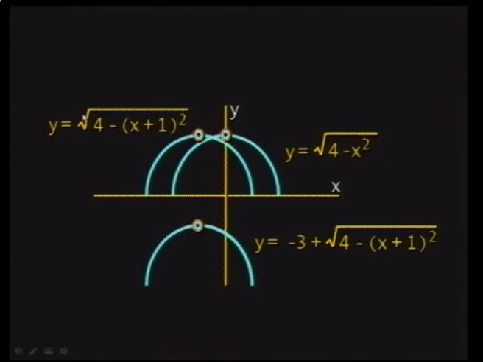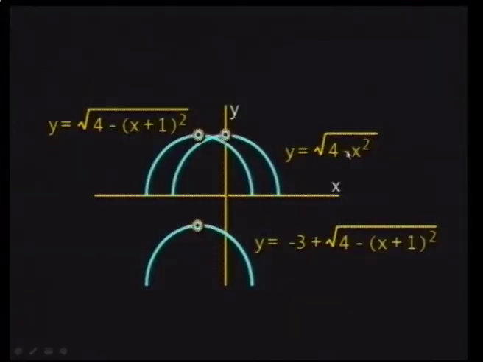When you move it to the left, you get the square root of 4 minus x plus 1 squared. And we said before, f of x plus d, you move to the left by d. So here, if you want the square root of 4 minus x minus 1 all to the square, then you should have shifted it to the right. But since you add a plus, then you must shift the y-axis to the right by 1, or you shift your graph to the left by 1.